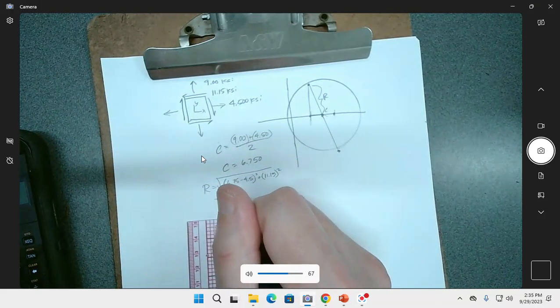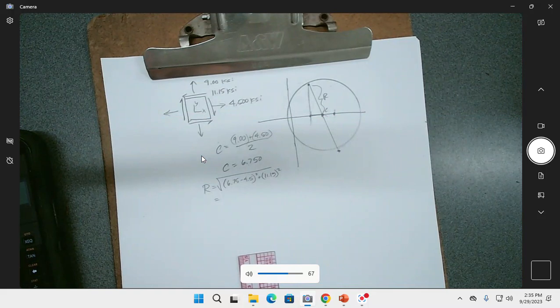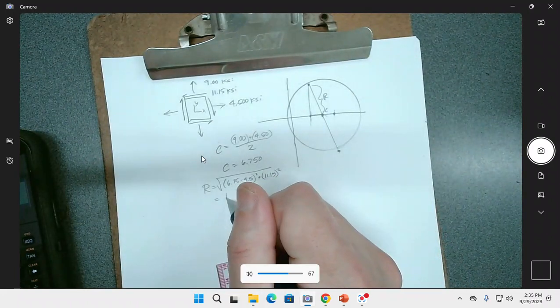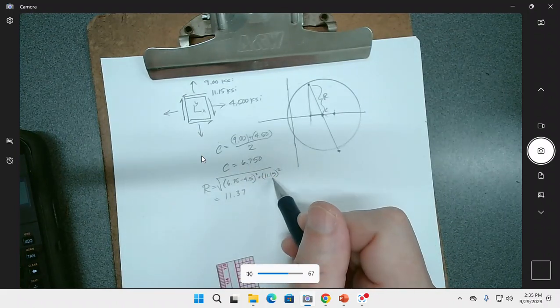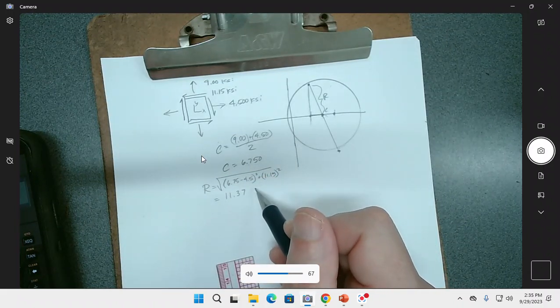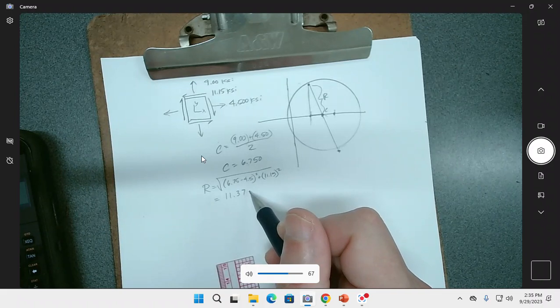So R is the square root of 6.75 minus 4.5 squared plus 11.15 squared, and go 11.37. But that's not that much. I guess, okay, I guess it's pretty tall.